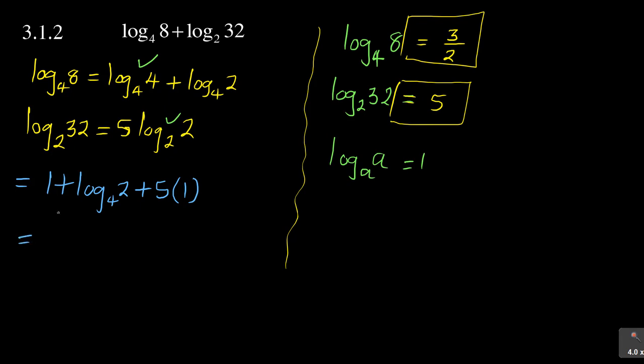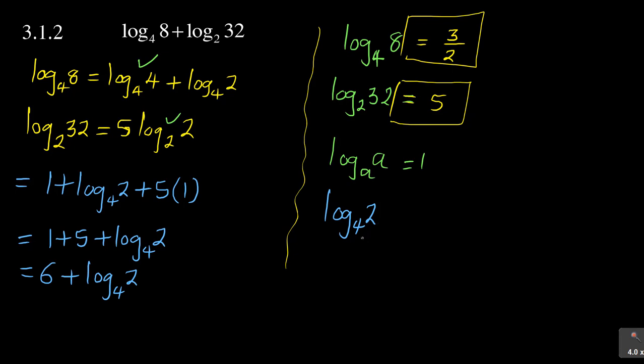Then we can continue to say 1 plus 5 plus log in base 4 of 2. Now 1 plus 5 is equal to 6, plus log base 4 of 2. Now how do we simplify this last part? We need to simplify log base 4 of 2. There is a law which allows you to change bases.